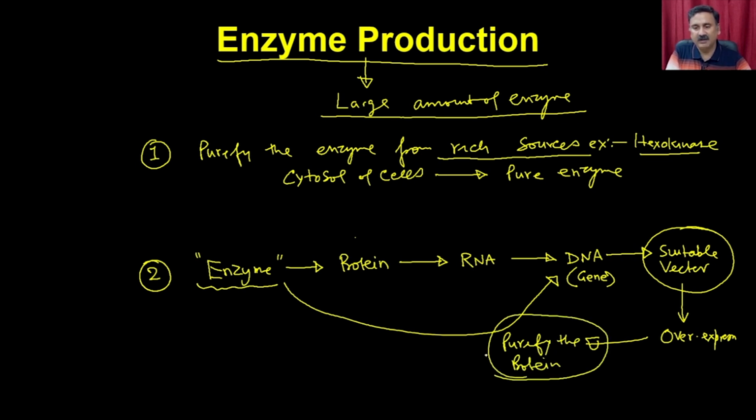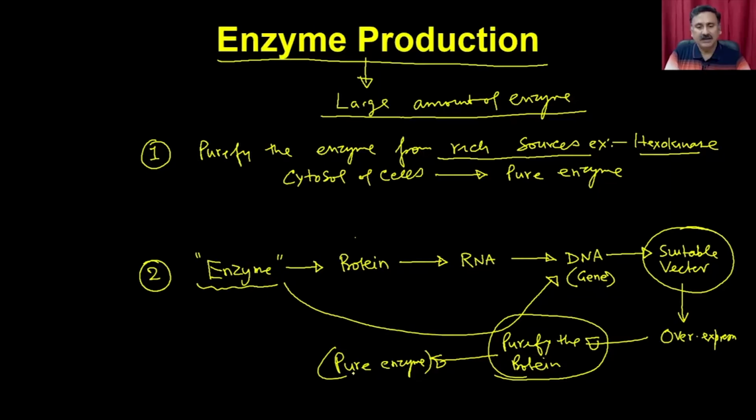Once I purify the protein, I get the pure enzyme, and that pure enzyme I can use for many applications. For example, for studying DNA recombination, or for running transcription, translation, and replication. All that I can prepare in large quantities.